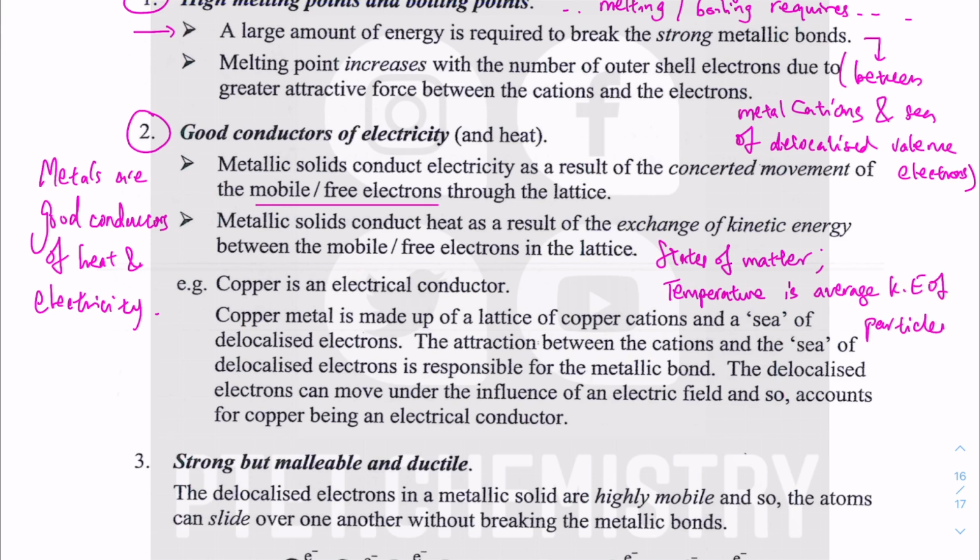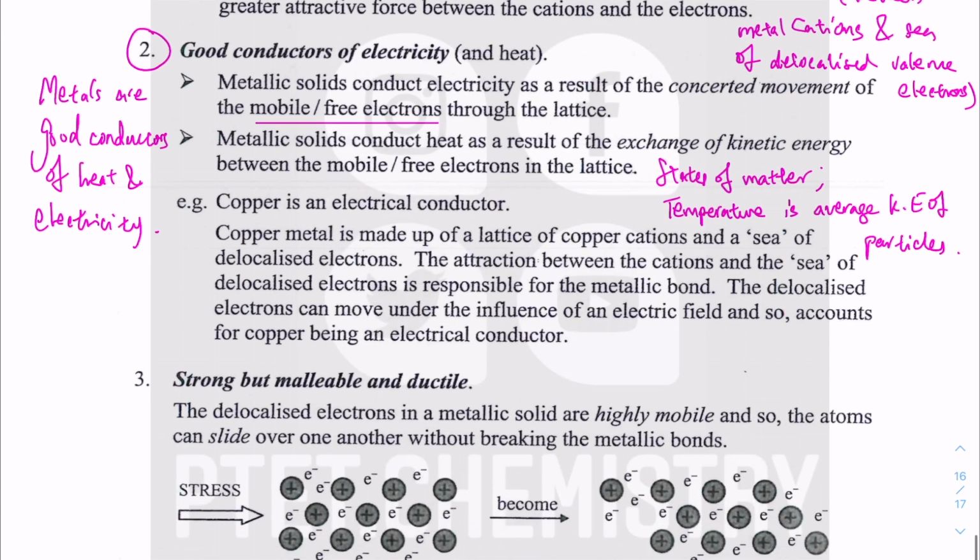So temperature is not hotness or coldness, as you would have defined a few months ago, and as I defined for you a few months ago. Temperature is the average kinetic energy of particles, and therefore conduction of heat is to do with exchange of this kinetic energy of particles as per kinetic particle theory, your very first topic on states of matter.